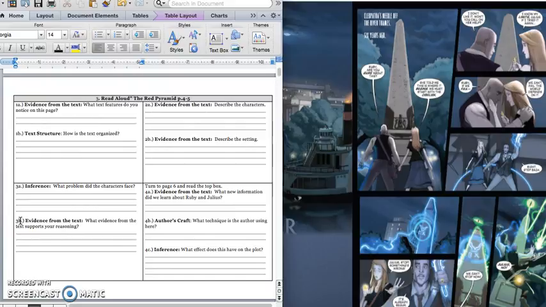This should say 3B. What evidence from the text supports your reasoning? Well, Ruby tells Julius to stop, and he says, I can't stop. She says, Julius, no, and then dives in front of him. Those are the 4 pieces of evidence we have to support the fact that something went wrong with the magic.